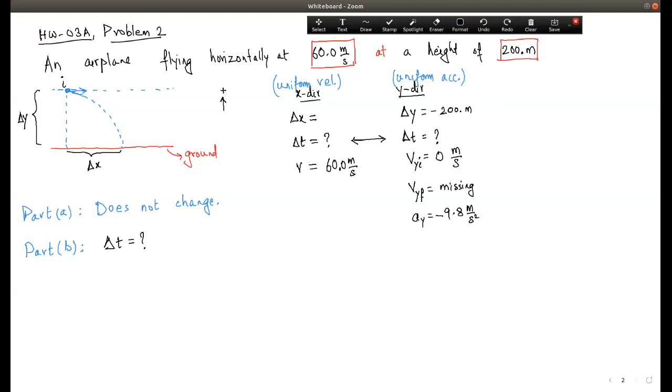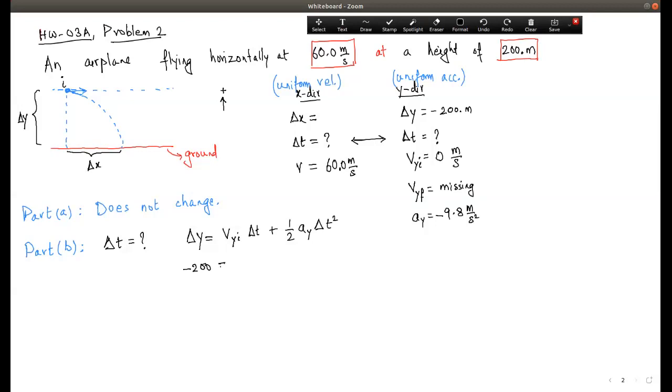That's our missing variable, and the equation that does not have Vy final is delta y equals Vy initial times delta t plus half the acceleration in the y direction times delta t squared. This is the same equation we used earlier, except that we have changed the variables to Vy initial and Ay. Plug in the numbers.